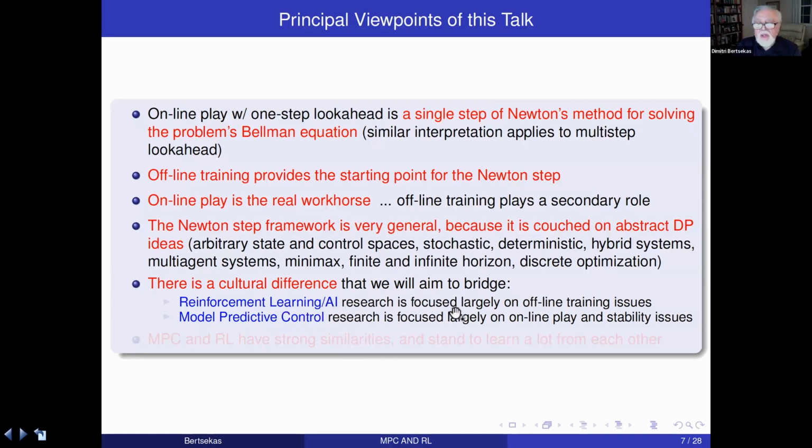Reinforcement learning is focused largely on offline training issues, while model predictive control research is focused largely on online play and also stability issues, which reinforcement learning doesn't consider almost at all. However, through this framework that I'm going to discuss, I'm going to argue that MPC and reinforcement learning have structural similarities, and they stand to learn a lot from each other.